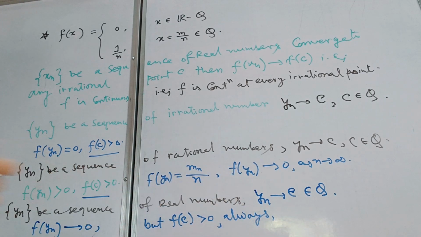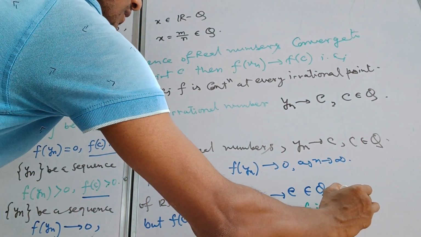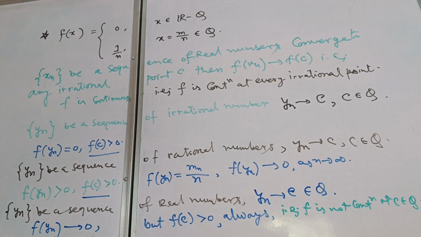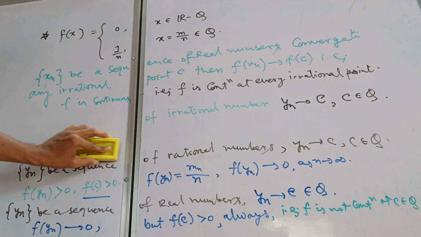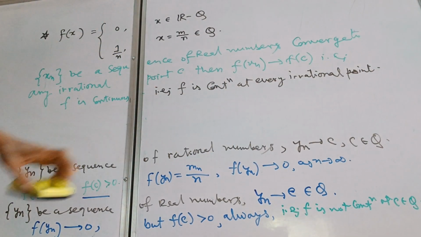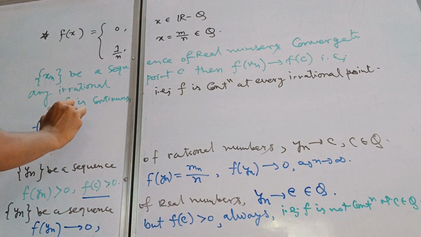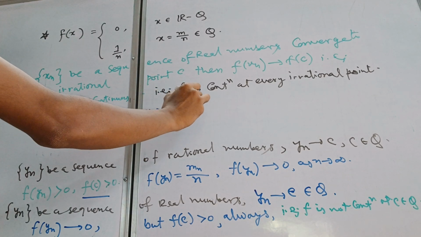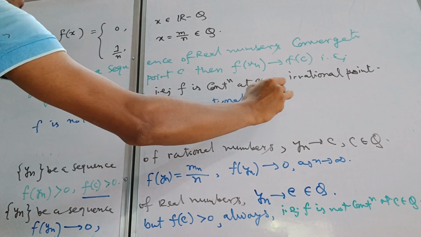Okay, so we reach the conclusion: f is not continuous at c belonging to Q. Understood? That means f is not continuous at rational points, since c is arbitrary.